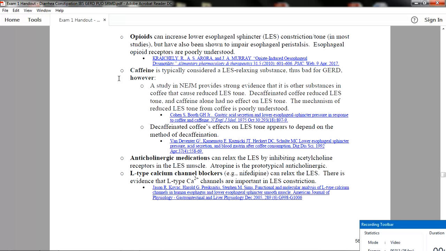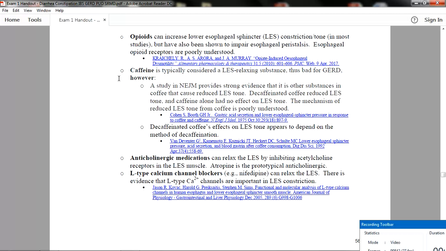They found that decaffeinated coffee worked just as much as caffeinated coffee at lowering the tone of the lower esophageal sphincter. So decaffeinated coffee can also be a problem for people with GERD.